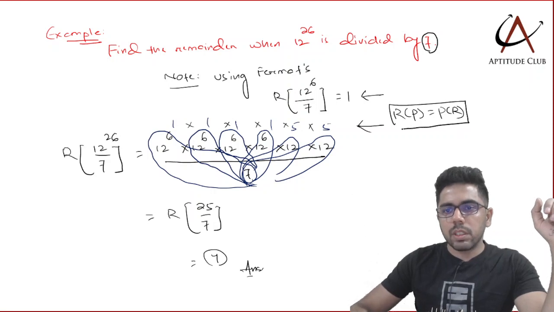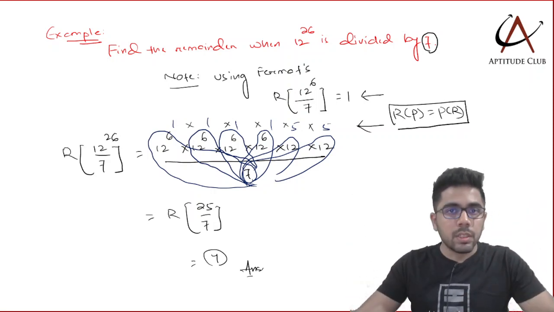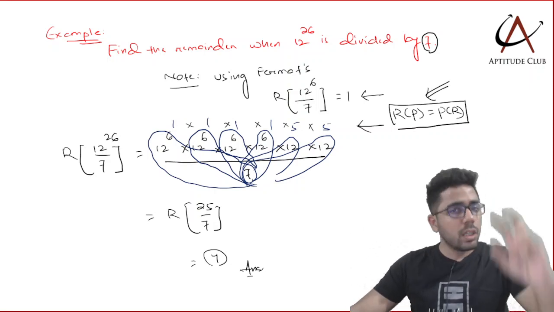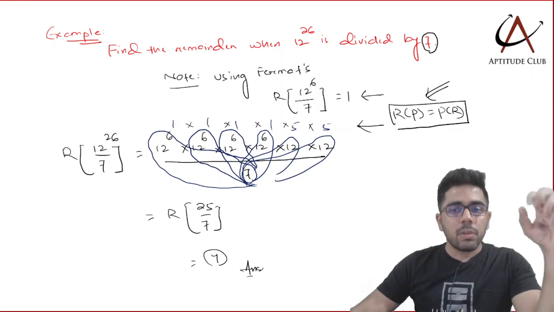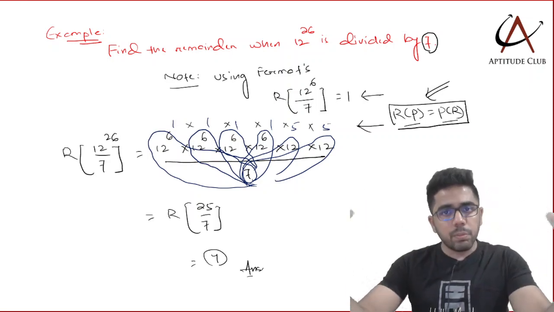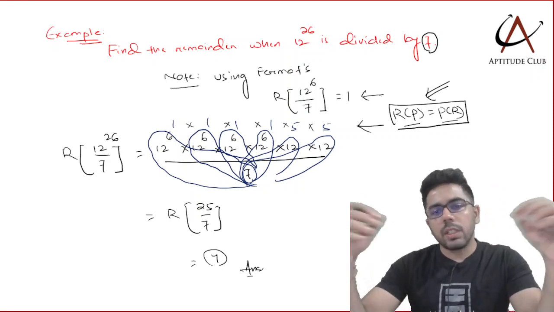Please watch the previous session if you haven't, and you'll find these questions easier. If you don't know the principle, what I did may look a bit strange. But if you know this principle, it is a very simple way, and I have explained it in that previous video. You'll find these types of questions very easy to approach.